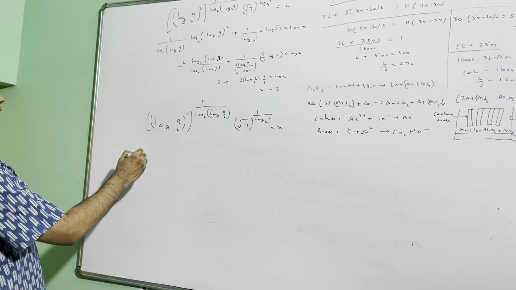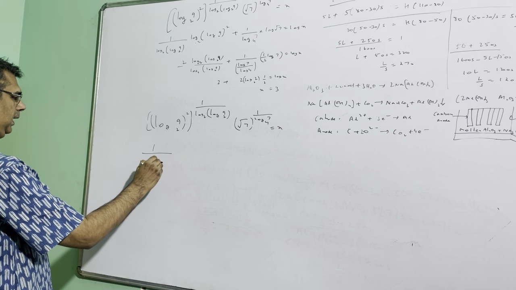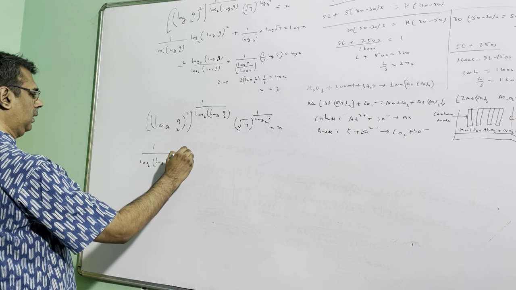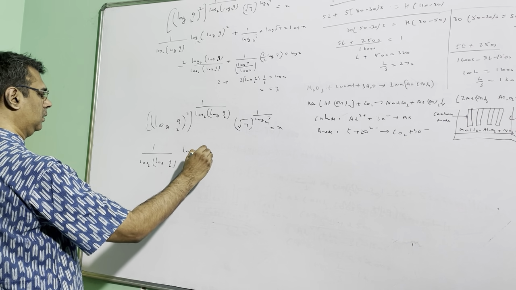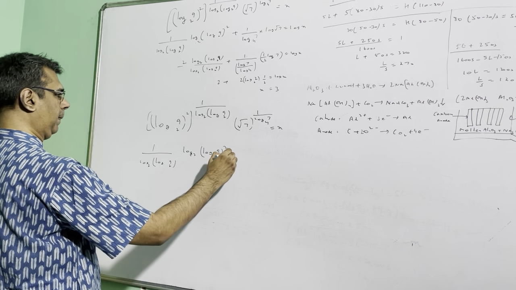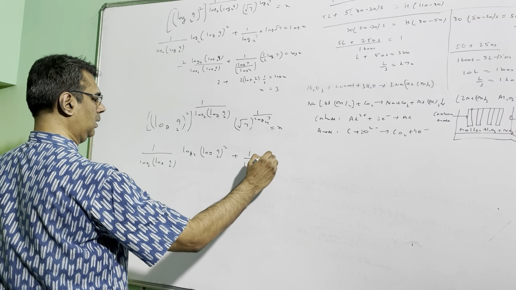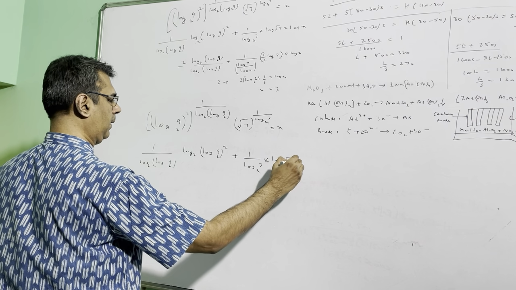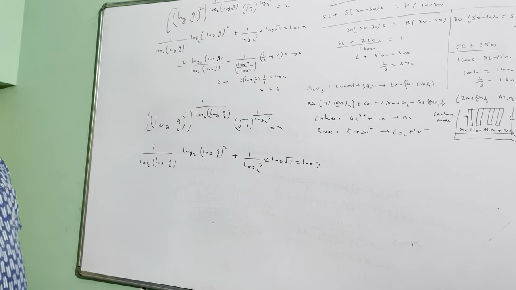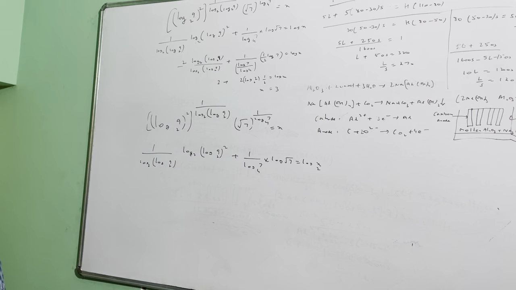If we do that, we get log 9 base 2 into log 9 base 2, whole square, plus 1 by... I'm taking the unknown as x and taking log x base 2 on both sides.